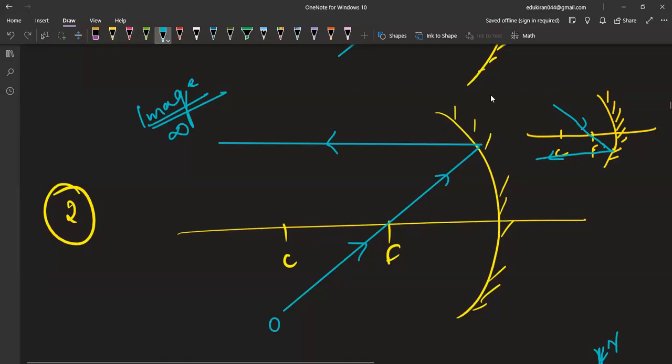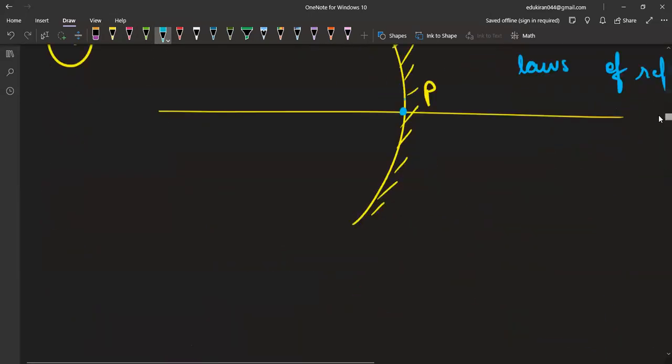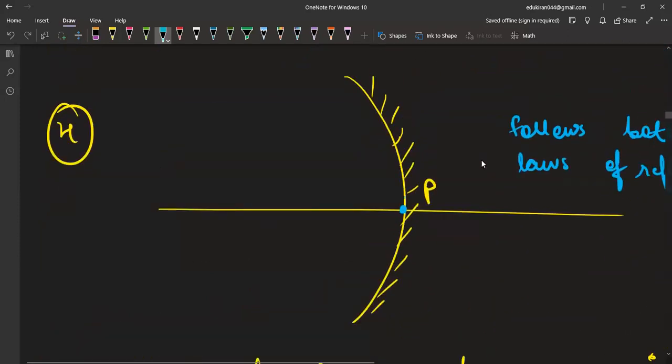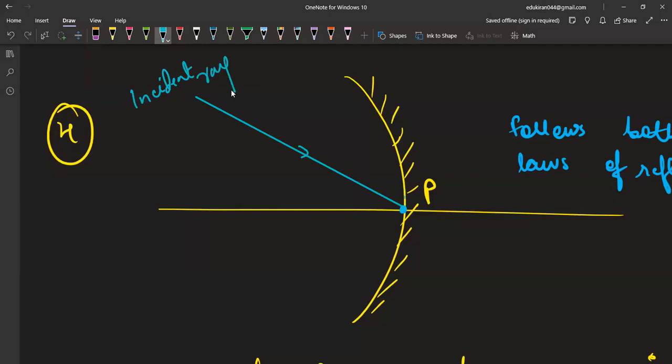Fine, one more rule is left. See, this rule is for when the ray of light is incident at the pole. If the ray is directly incident at the pole, this is the incident ray. Then what happens? See, here the angle of incidence is made. The principal axis acts as the normal, and both coincide in this case.